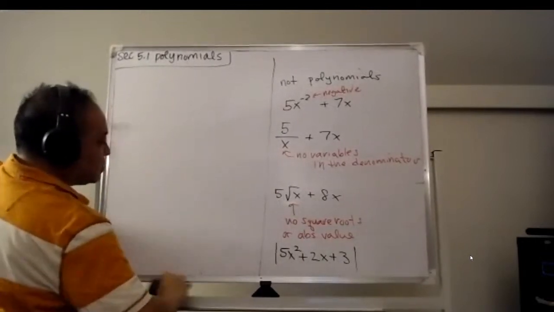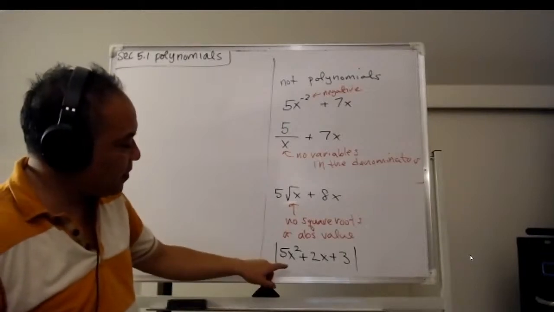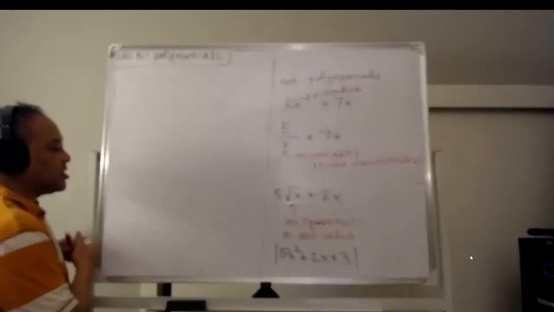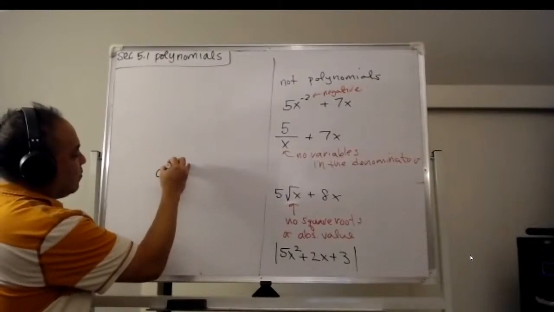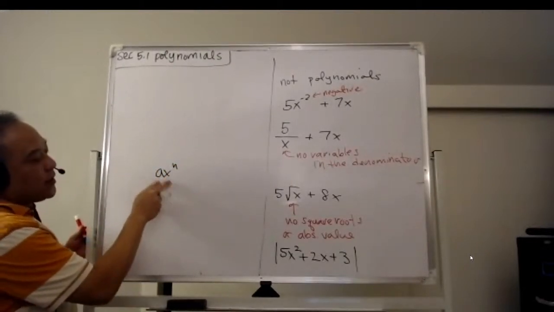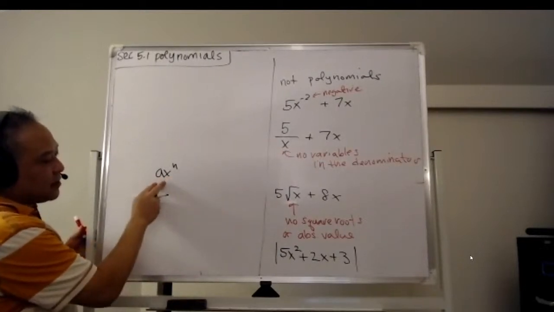Professor, can you explain why a radical and absolute values wouldn't make it a polynomial? Because the definition is very strict, where you have to have things that only look like this, plus or minus another thing that looks like this.